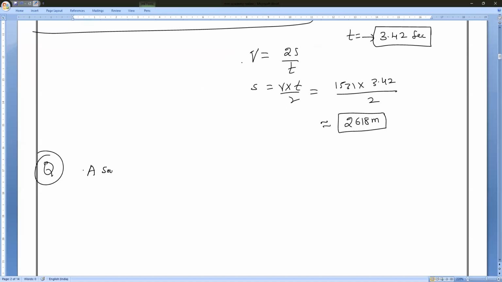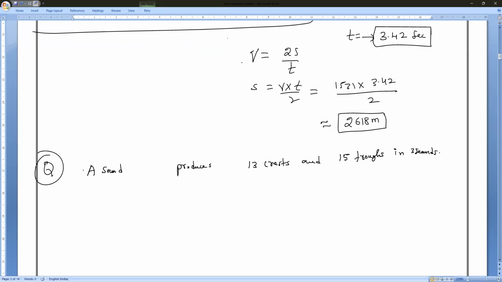A sound produces 13 crests and 15 troughs in 3 seconds.